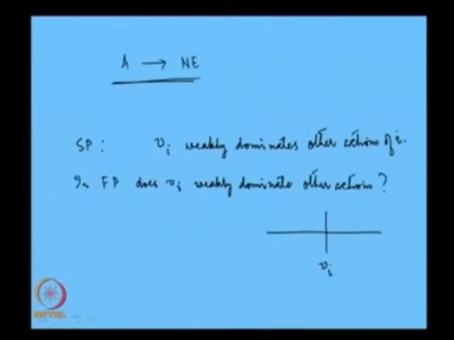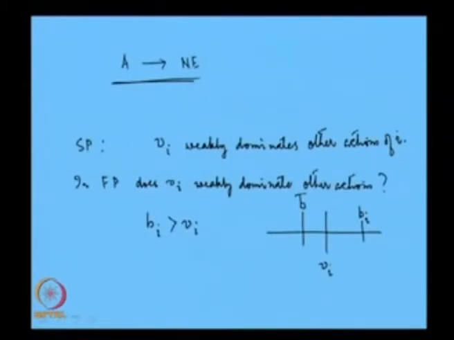So, suppose this is Vi and I am considering Bi which is greater than Vi. Then one can see that Vi weakly dominates any action which is greater than Vi. This is because it depends where B bar is. If B bar is here, then bidding Vi gives you 0 payoff, bidding Bi gives you negative payoff.